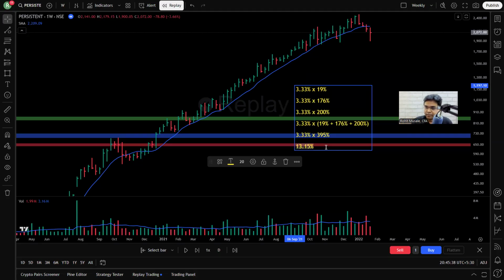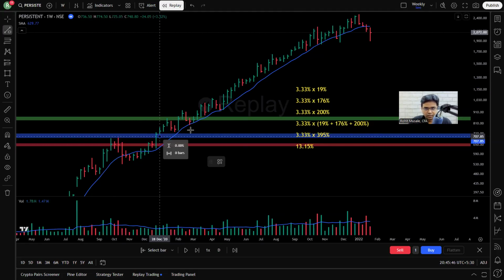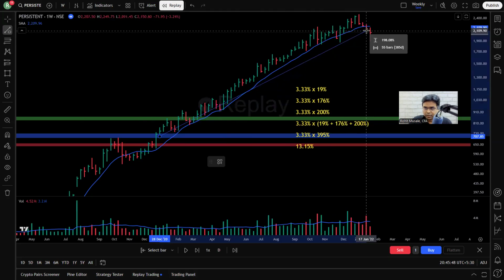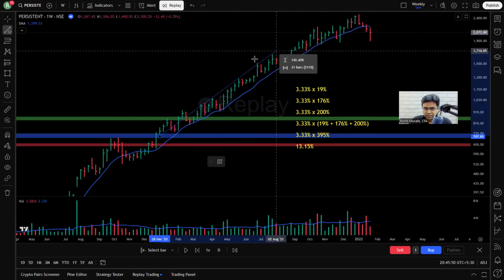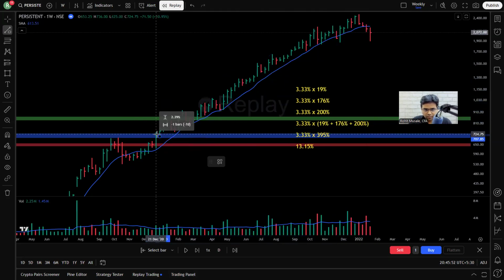Imagine finding five stocks like this in a single year. Okay. So how much was this run? From here till the end, this was January 2022. This was December 2020. So from December 2020 till December 2021, that's 1 year plus another 1 month.